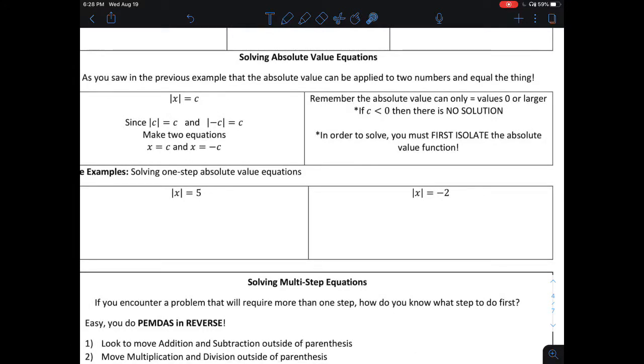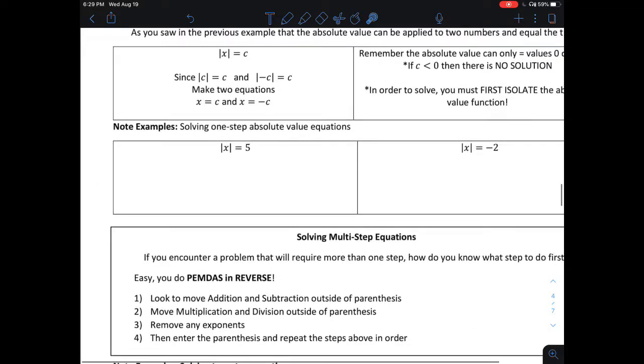So all values that come out of the absolute value have to be 0 or bigger. So if I ever see a problem where I'm telling you the absolute value is a negative number, I can't do that, and I'd have no solution.